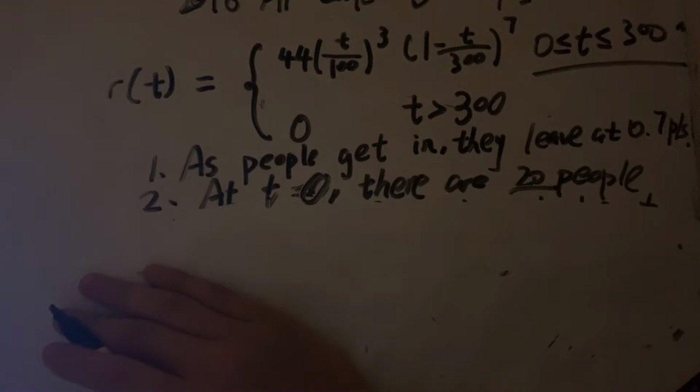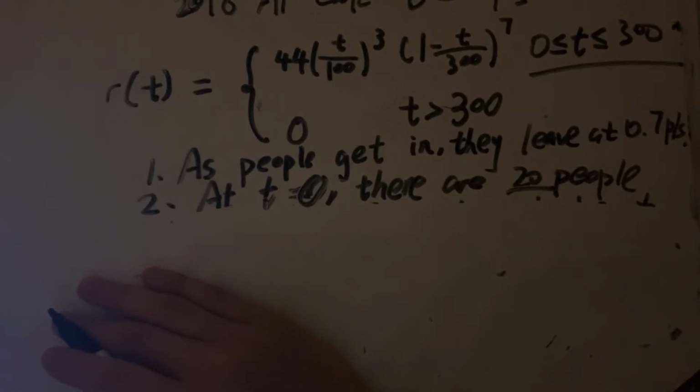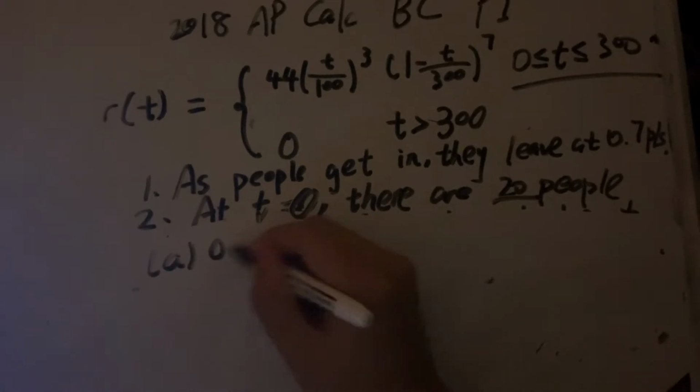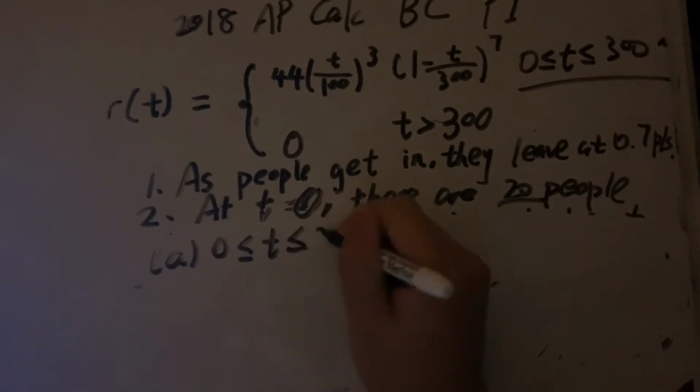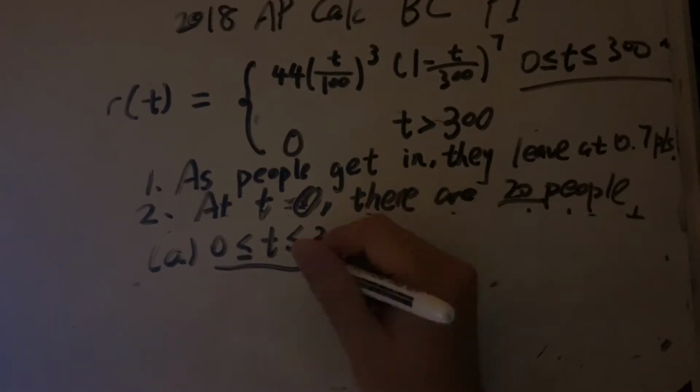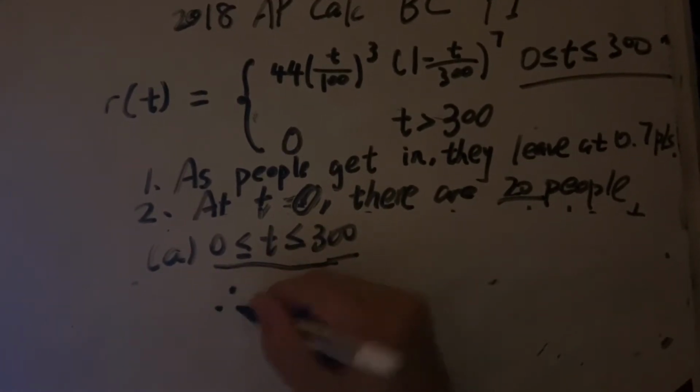First, how many people enter the line for the elevator during the time interval 0 < t < 300? To do this problem, you need to understand what you need to find.